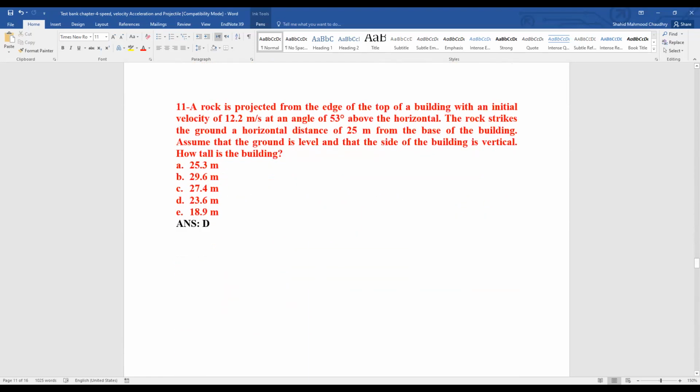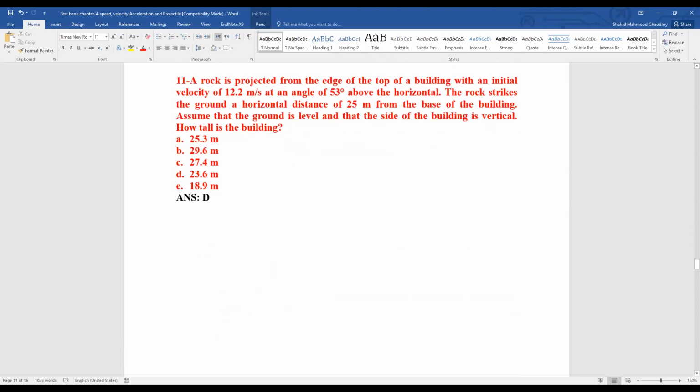In this problem, you can see that a rock is projected from the edge of the top of a building with an initial velocity. This is the building, and this is the horizontal ground. A rock is projected from here with an angle of 53 degrees with initial velocity 12.2.